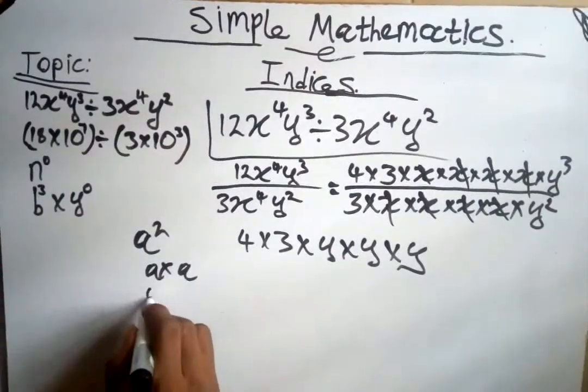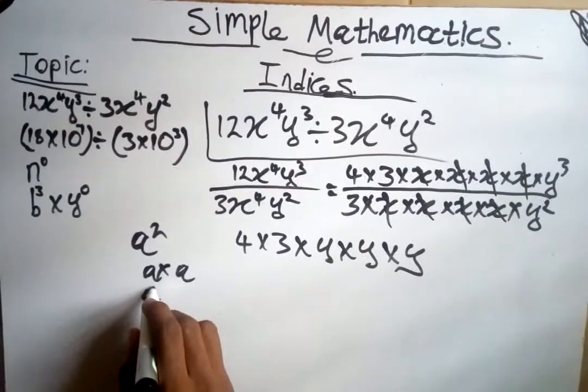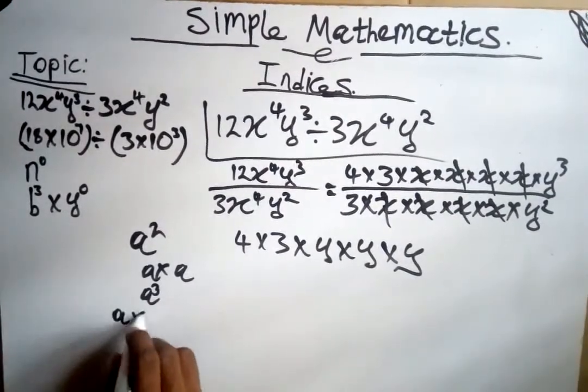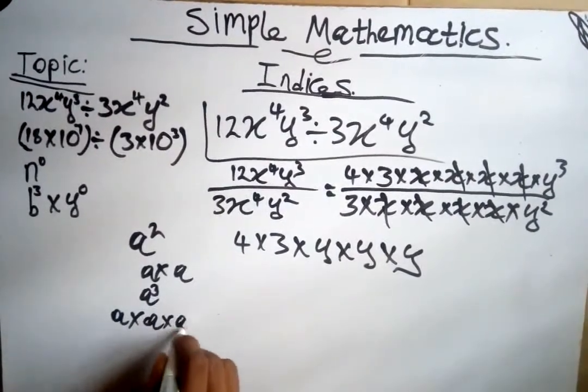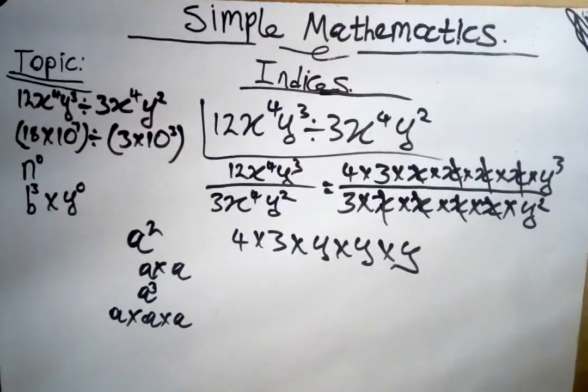If we have a raised to the power of 3, that's a times a times a. So it's just simple math.